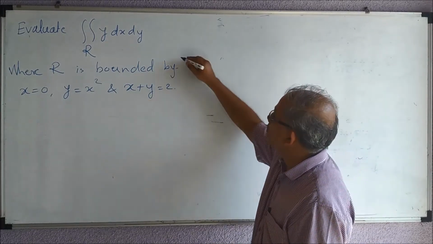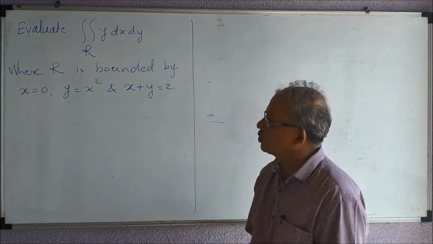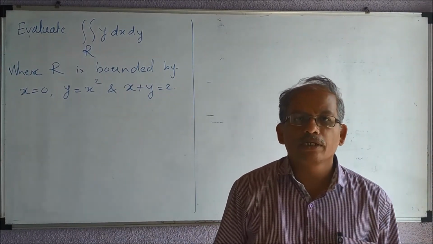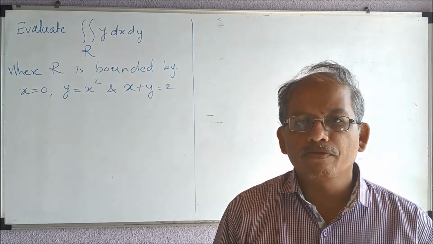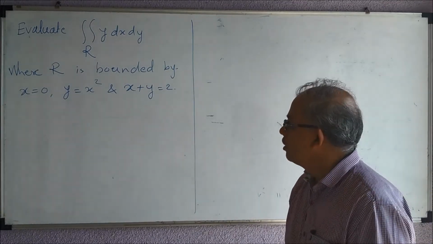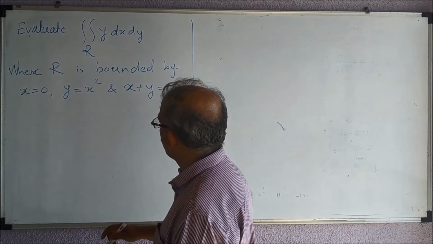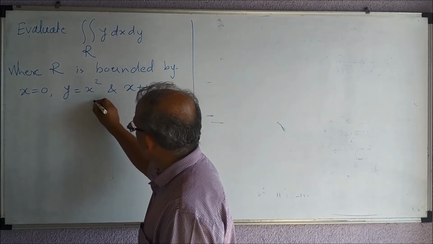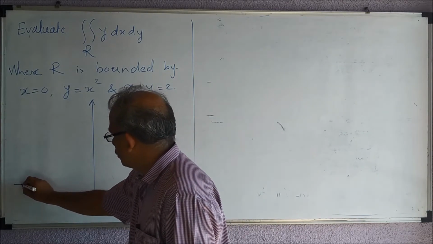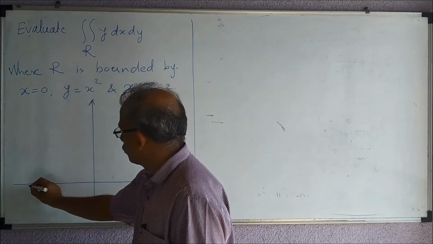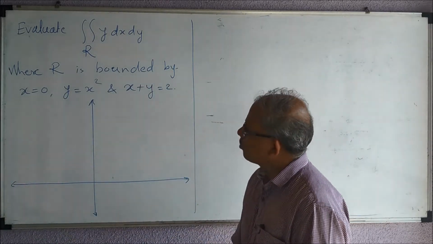Okay, so first of all we will make a rough picture of this region so that we get an idea of how this region is bounded and by which points and lines. So I'll start plotting this directly. Now I know that x equal to 0 is the y axis, so this line is x equal to 0.